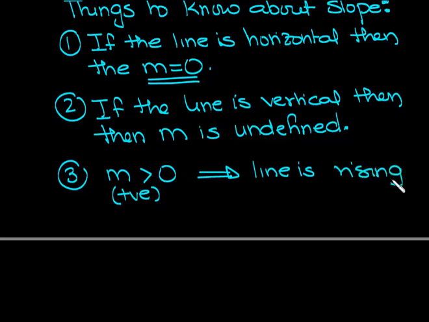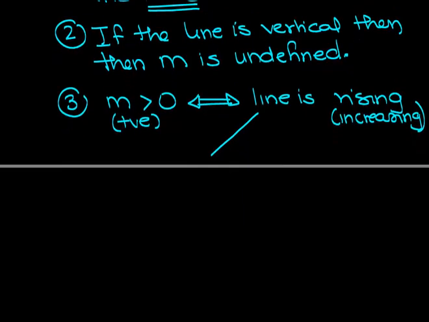It is going up, it is increasing. So for example, if the line is going like this, that means the slope is positive. Now if the line is rising, that also implies the slope is positive, so this result goes in both directions. If the slope is positive, the line is rising or increasing. If the line is increasing, the slope must be positive.